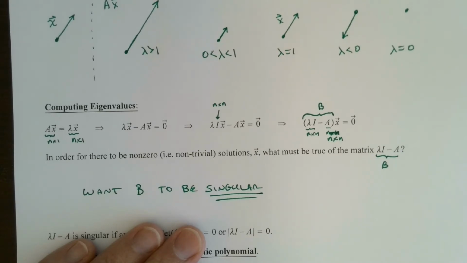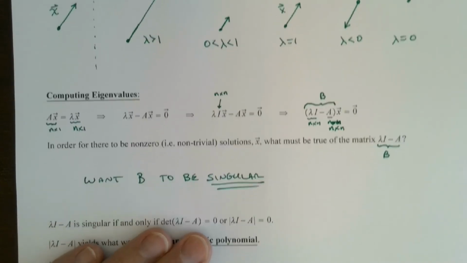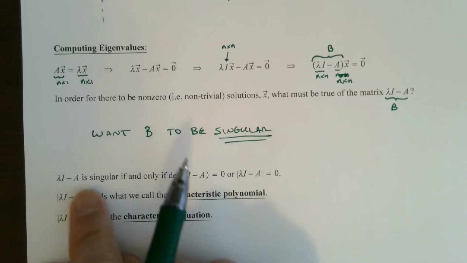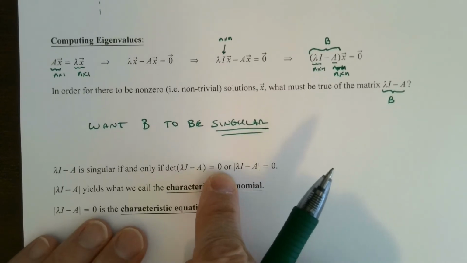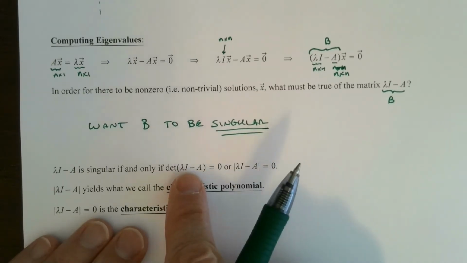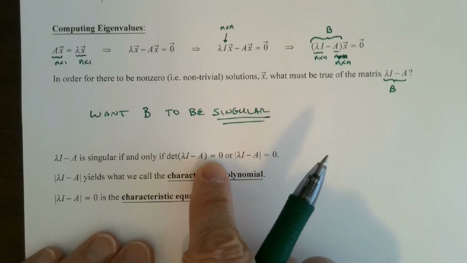I would encourage you to look at that long list and begin to remember all those equivalent statements. But the easy one we're going to use here is that the matrix lambda I minus A is singular if and only if its determinant is equal to 0. If it was invertible, the determinant would not be equal to 0.